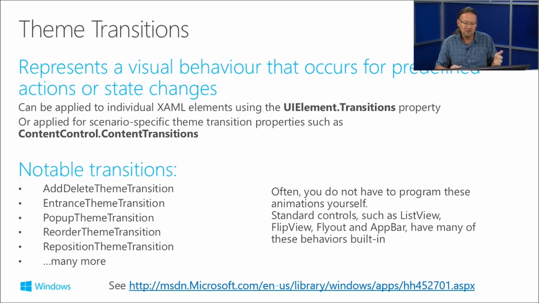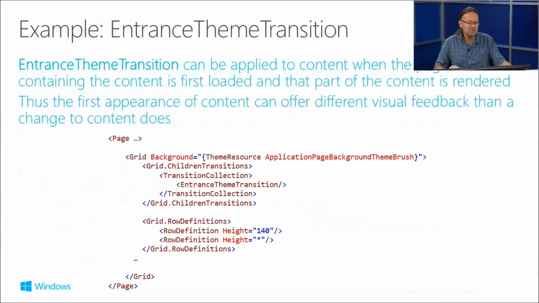This is the AddDeleteThemeTransition. So all the built-in controls use these. You probably won't have to, but you can, and I'm just making you aware of them. So if you've got a fancy effect you want to apply, go and look at this library and see if you can make use of them.